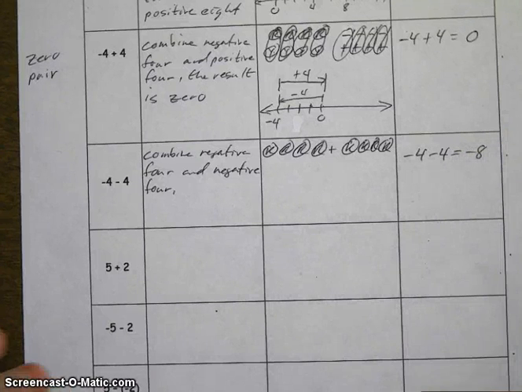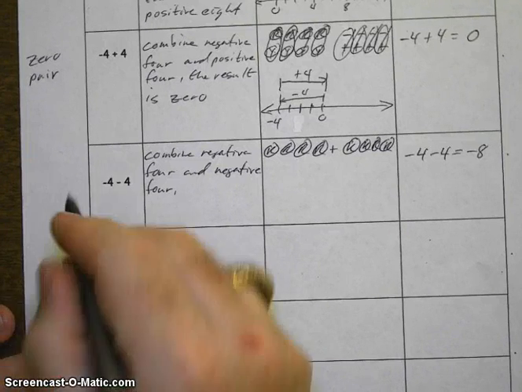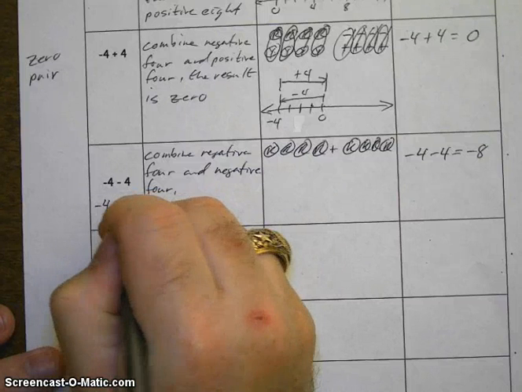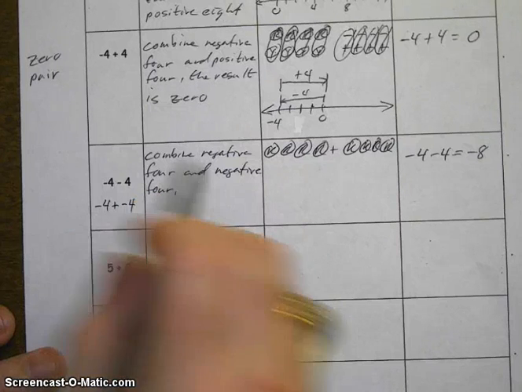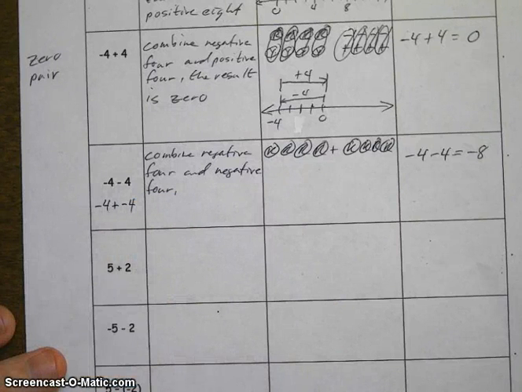Now some people might read that as -4 minus 4. That's part of the problem, because in reality it's combining -4 and -4. Some people also might look at this as being -4 and then plus -4, another way to write combining -4 and -4.